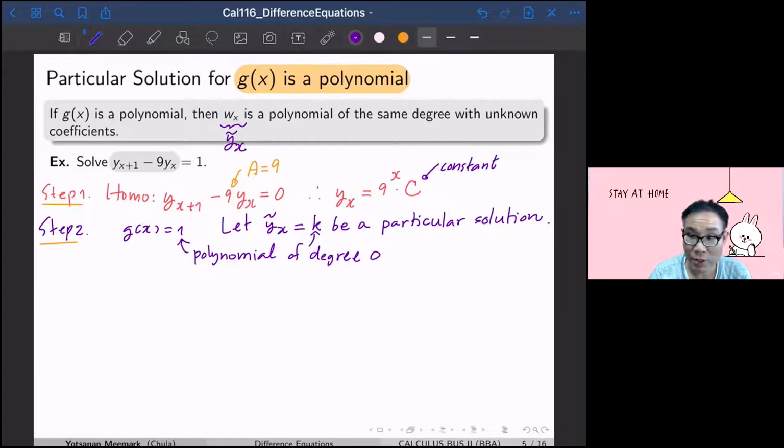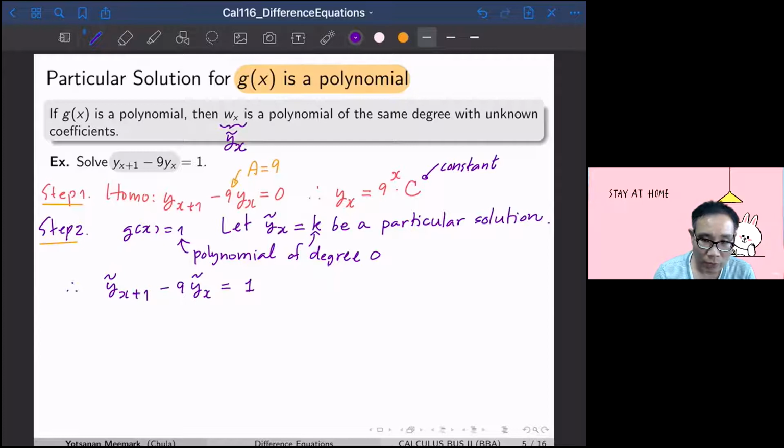Okay, so it's going to be the same degree. So you have y tilde of x equal to k. What are we going to use? Okay, so it means that y tilde of x plus 1 minus 9y tilde of x will be equal to 1.